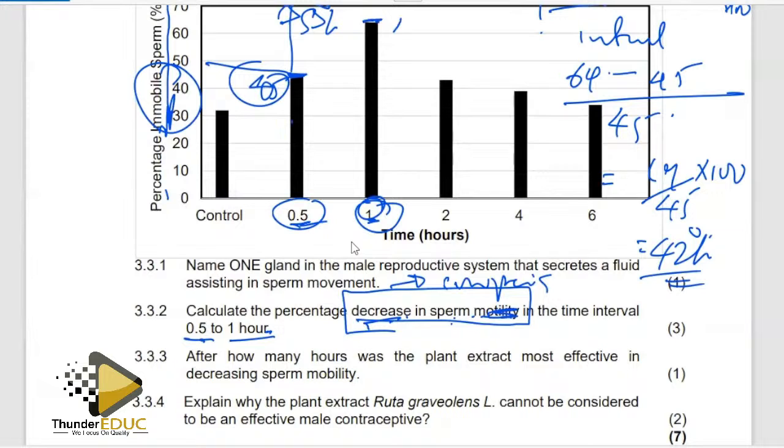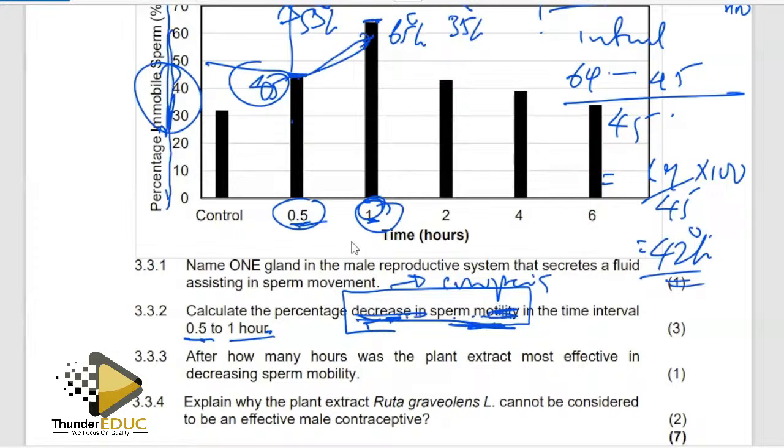I have 65% that are not moving, only 35% are able to move. So there is a decrease in the mobility of the sperms. And in actual sense, you are saying that the percentage of immobility increases.